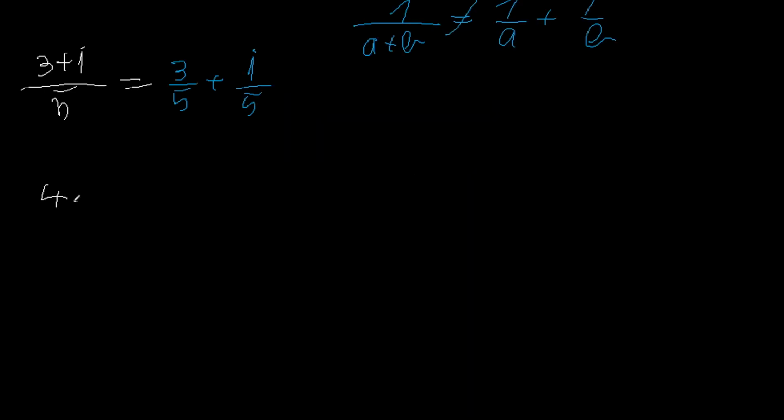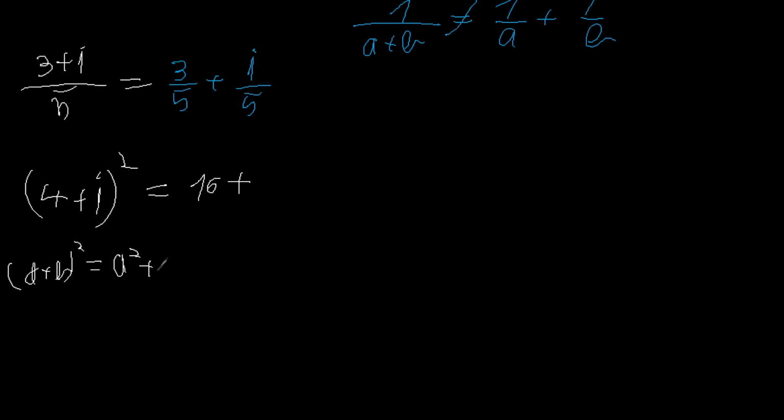Next one, 4 plus i squared. Now, we haven't seen how to square these numbers before, but I want you to try. Just pause the video, like you've hopefully done with the other exercises, and let's try to calculate it yourself. Now, this is 16 plus, and then 2 times ab from the formula a plus b squared equals a squared plus 2ab plus b squared.